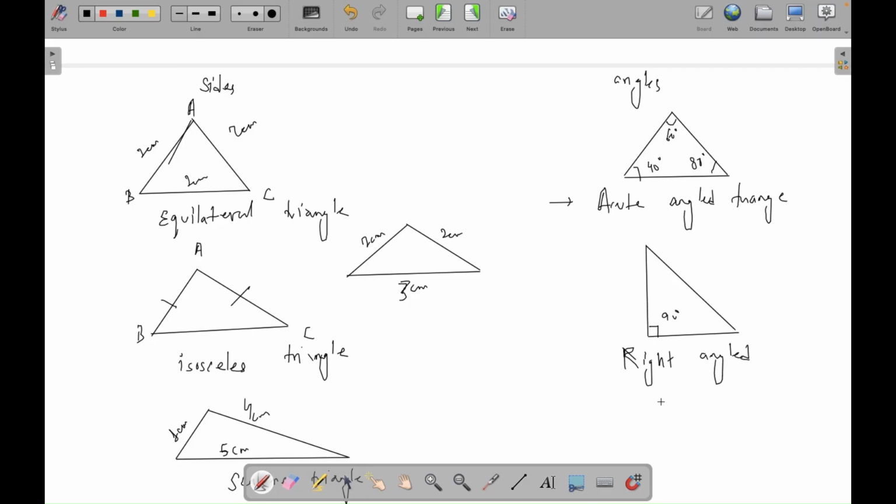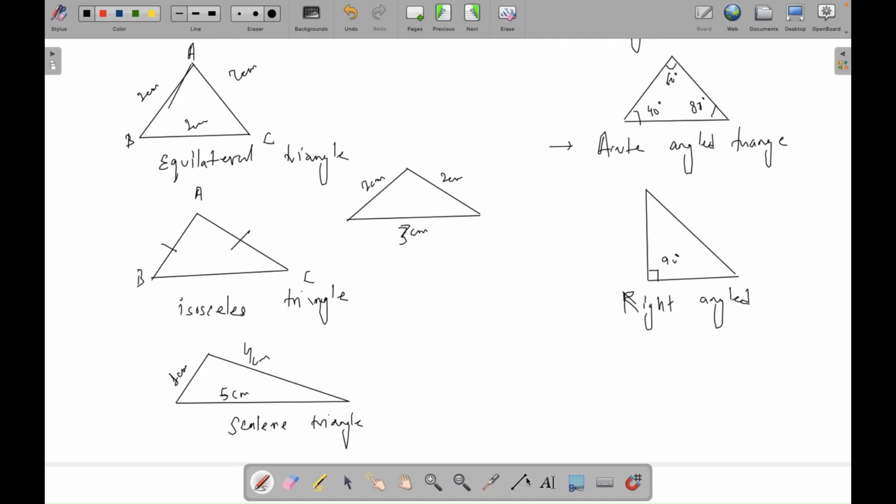And finally, you have an obtuse angled triangle, right? An obtuse angled triangle means when any one angle is obtuse. For a triangle to be acute angled, all the angles must be acute. Even if one of the angles becomes obtuse, then it will become an obtuse angled triangle. This is 40 degrees and this is 20 degrees.